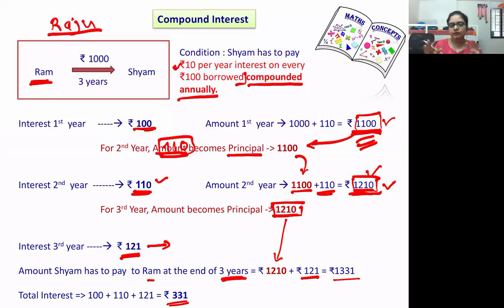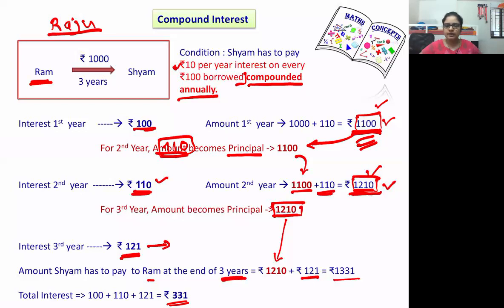After the end of 20 years, what if I say, okay, please give me 5 more years? What would the bank say? No, you should have given me this right away. Like in this case, if Sham had said he wanted it just for 1 year, Ram was expecting 1,100 rupees at the end of 1 year.